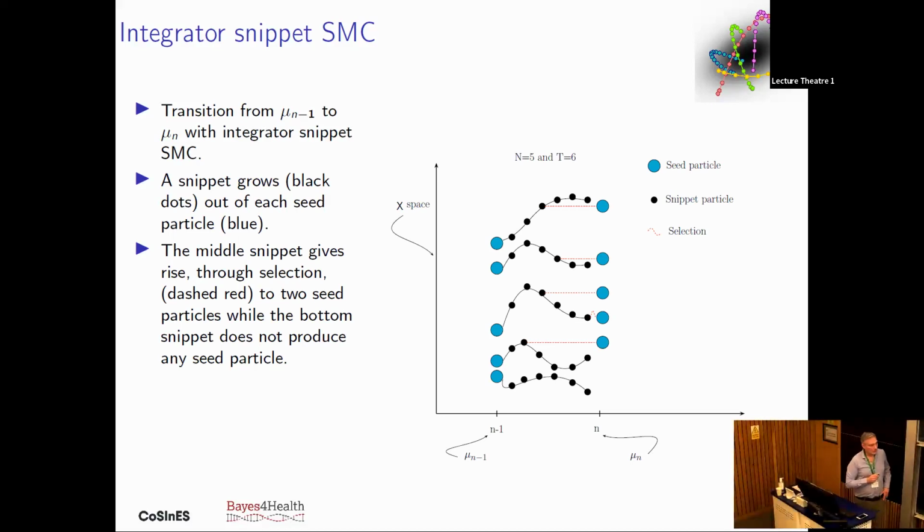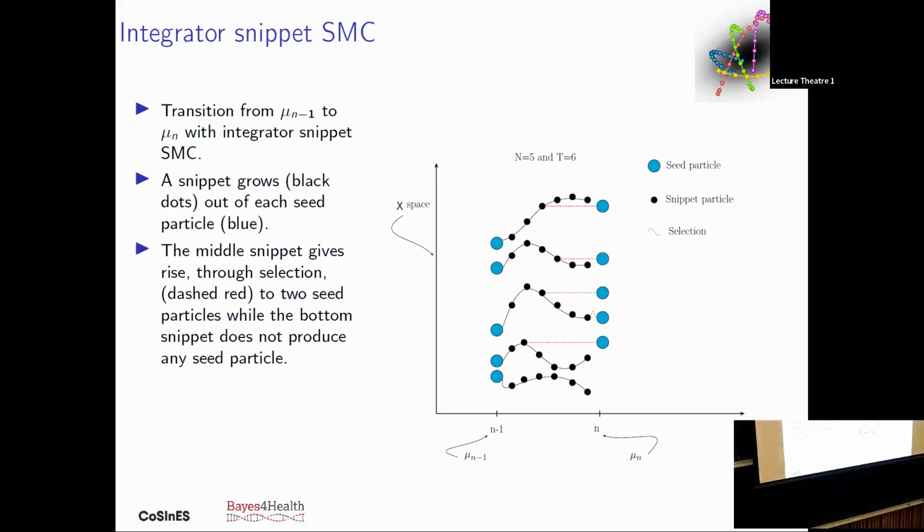Then what happens? In standard HMC methods, we would look at the endpoint and apply an accept-reject mechanism, before a potential selection. But here, what we are going to do is say that actually any point on the snippet can be used to create the next generation, samples that are going to represent mu(n).